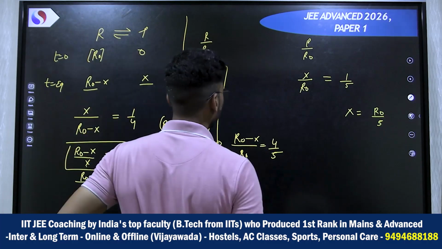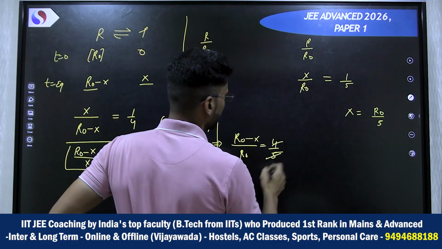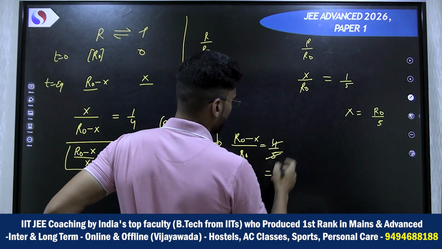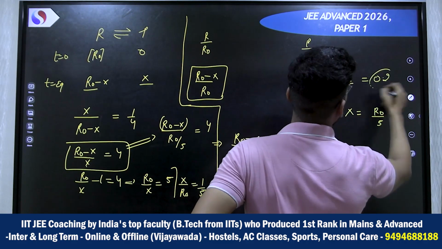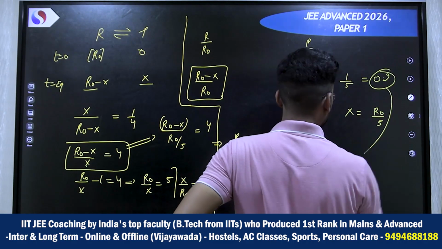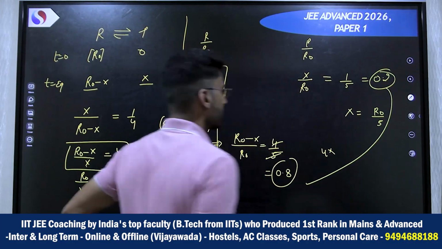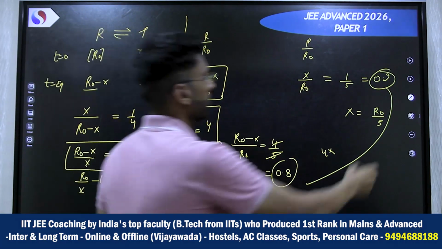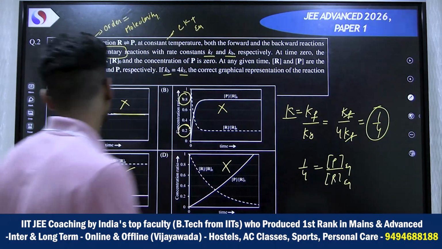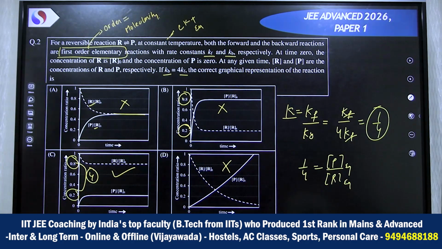If it is 4 by 5, you know that if you do the calculation it becomes 0.8. So the other will become 0.2, which is again 4 times the concentration of the reactant. So simply, we can say option C is the correct answer.